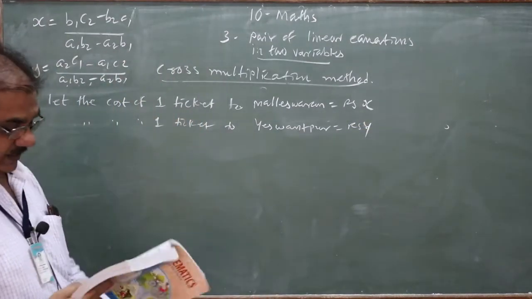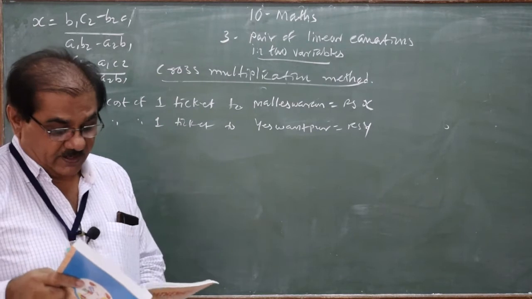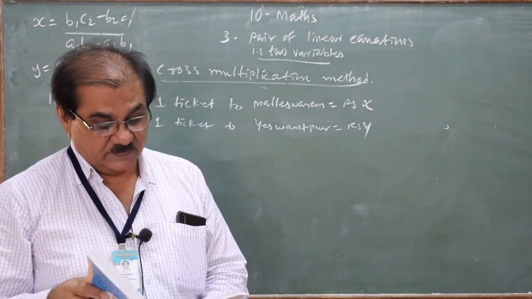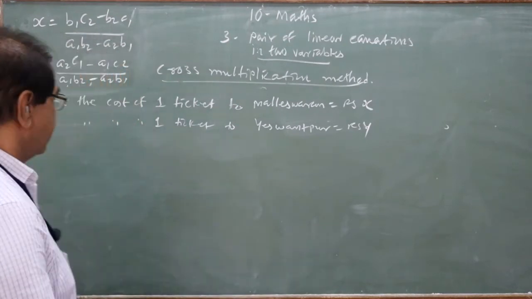It is a cost of one ticket only. Okay. So if somebody buys 2 tickets to Malleswaram and 3 tickets to Yeshwantpur, the cost is 46.